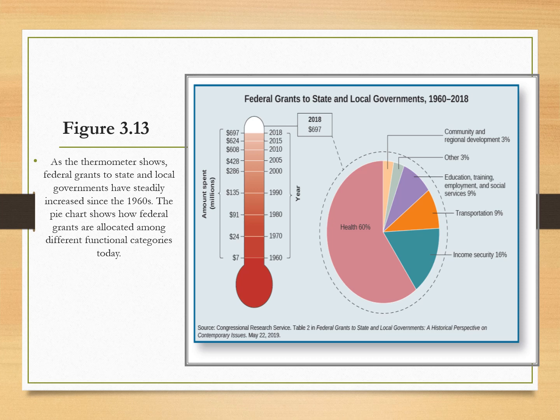The pie chart shows how federal grants are allocated among different functional categories. So you see most of the grants are to do with health. Then you have income security and things like that.